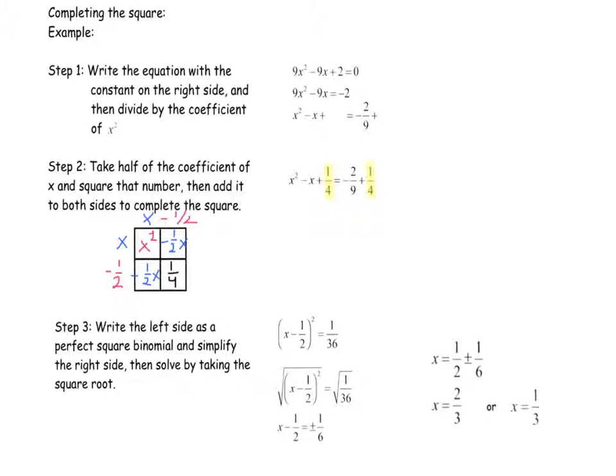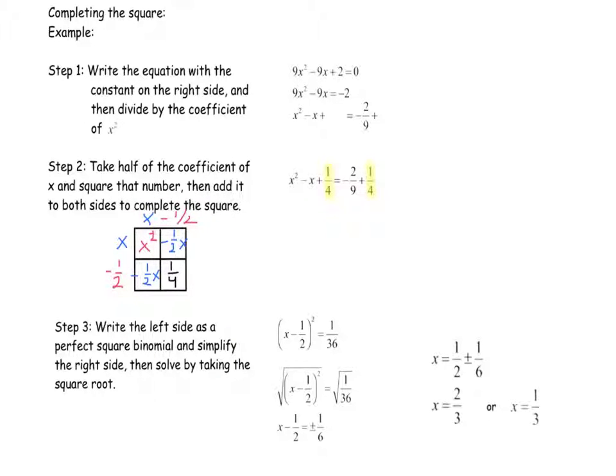So now that I have that filled in, I can rewrite this left-hand side as a perfect square binomial. I can say x minus 1/2 squared, which comes from x minus 1/2 and x minus 1/2 right here.